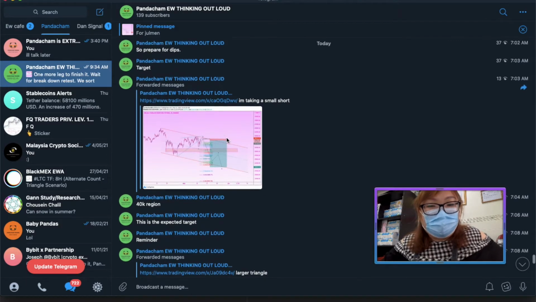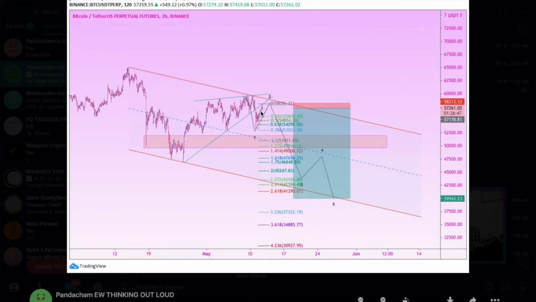Okay, let's take an example right here. A few days ago, I tried to short the market. I shorted the market right here, it came down, I took profit, and the market came back up, and I took another short here.